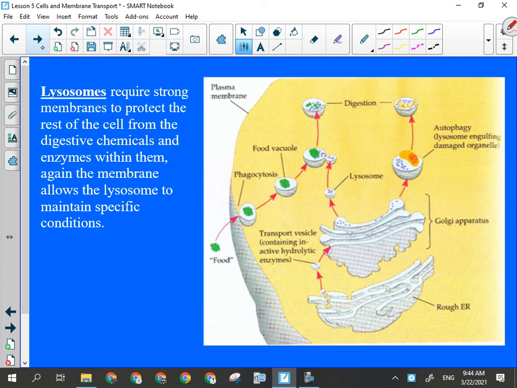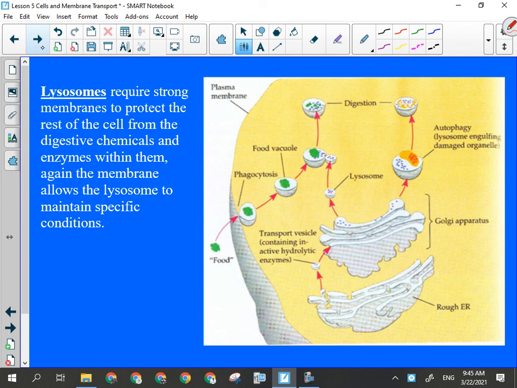So the lysosomes have these really important, strong membranes that keep those digestive enzymes inside, where they only work on the food that's in the lysosome. That food can be food that's taken in from outside, but it can also be used to recycle organelles, because eventually organelles fail. They get old, they break down, and the cell will recycle them.